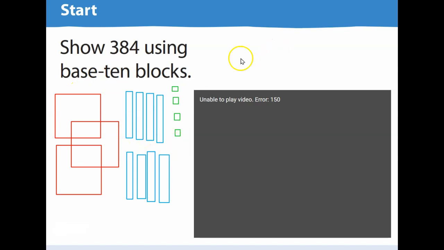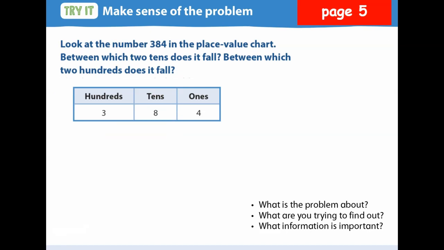Okay. It says look at the number 384 in the place value chart. Between which two tens does it fall? So if I have 384, it falls between which two tens?